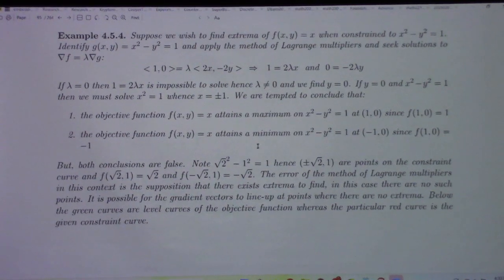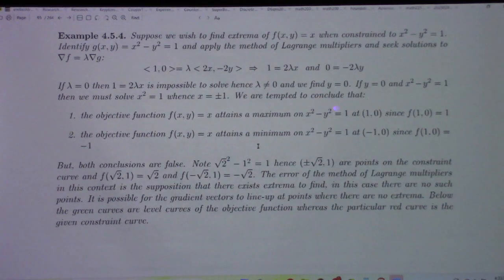Let's see, how about this one? Here I have f of xy equals x constrained to the hyperbola again, and I get a maximum at (1, 0), and I get a minimum from the Lagrange multiplier equations of -1 at (-1, 0).